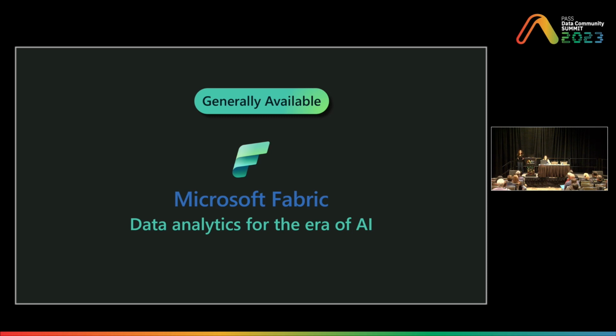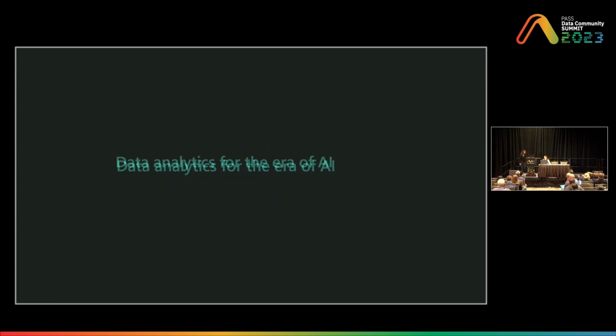It helps you bring together data for the purposes of analytics and AI. It includes a bunch of different compute engines, and I will talk about all of the compute engines that we brought together into a SaaS model built on top of one data lake. By the way, Satya did say that this is our biggest announcement since SQL Server.